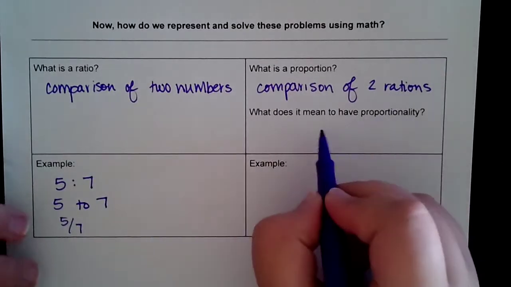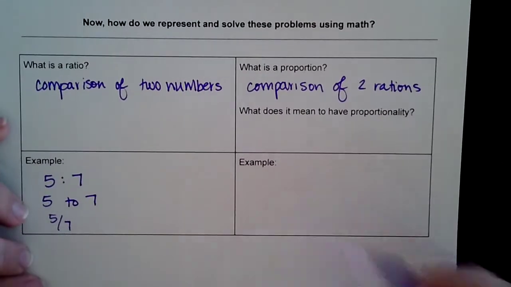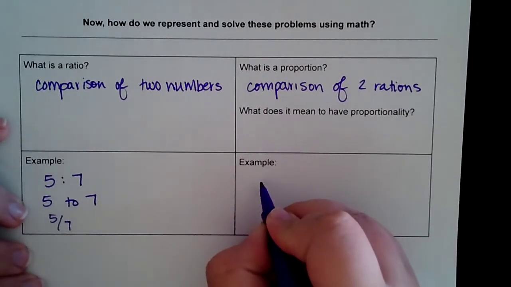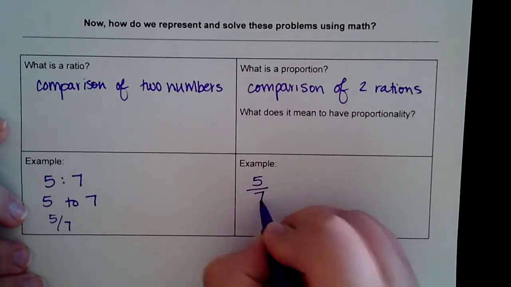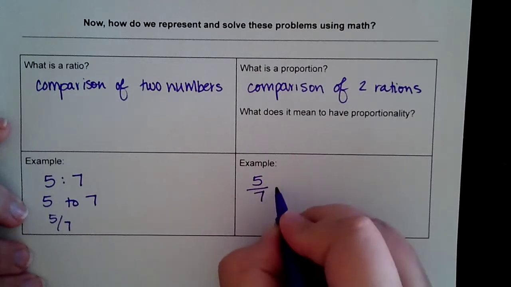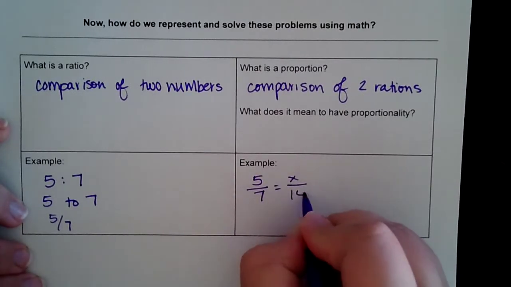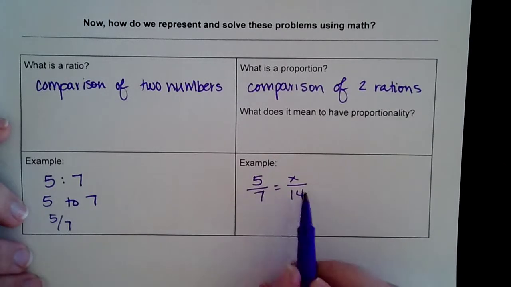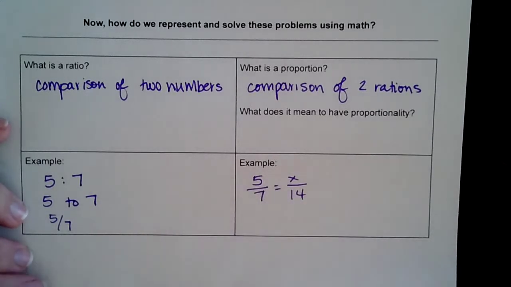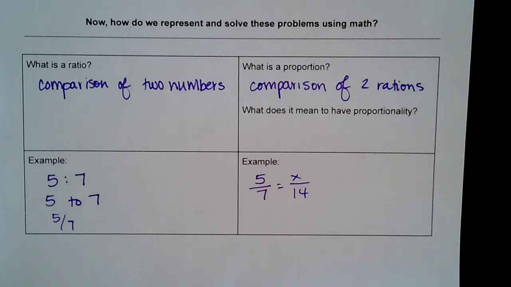A proportion, on the other hand, may look something like this, where we have 5 divided by 7 is equal to x over 14. It's a comparison to say, are these equal, are these unequal? And it usually, in our case, is going to look like a fraction equal a fraction.